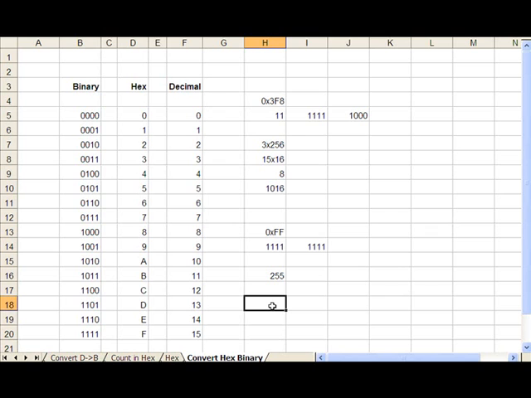So what would be the largest value that you could store in 2 bytes? So if we had 2 bytes of memory, we could write 0xFFFF. Let's turn on all of the bits in 2 bytes: 1111, 1111, 1111, 1111.